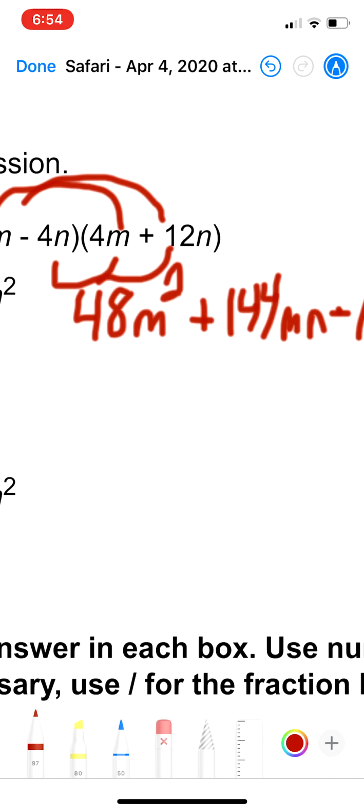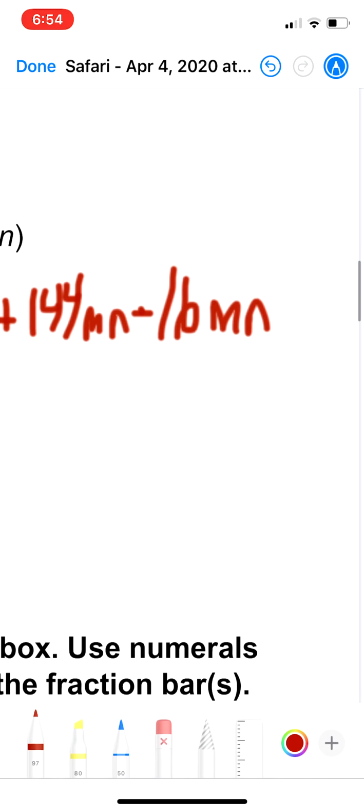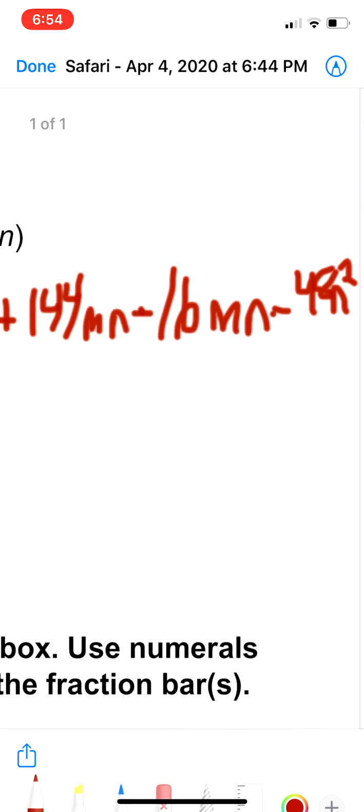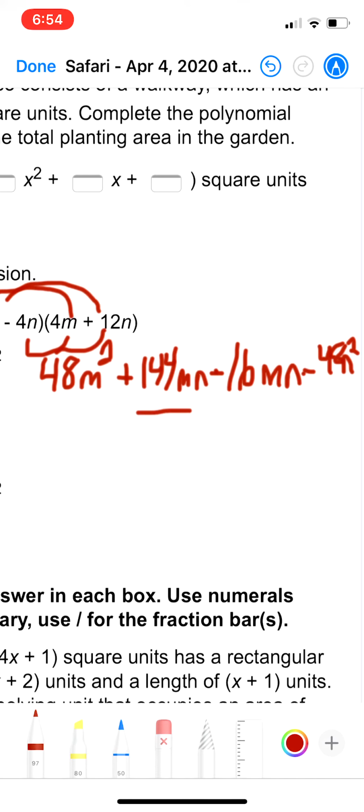Now negative 4n times 12n. Negative 4 times positive 12 is negative 48. And then you have n times n, which is n to the second power. Most of the time when you're foiling, your like terms are going to be found in the middle. So you bring down your 48m to the second.